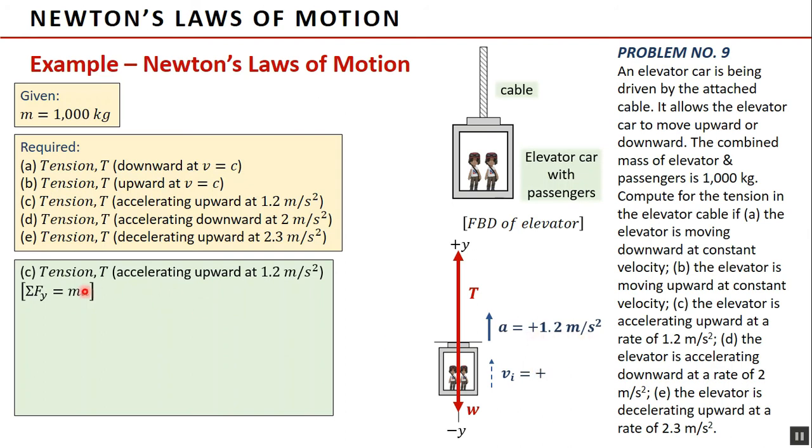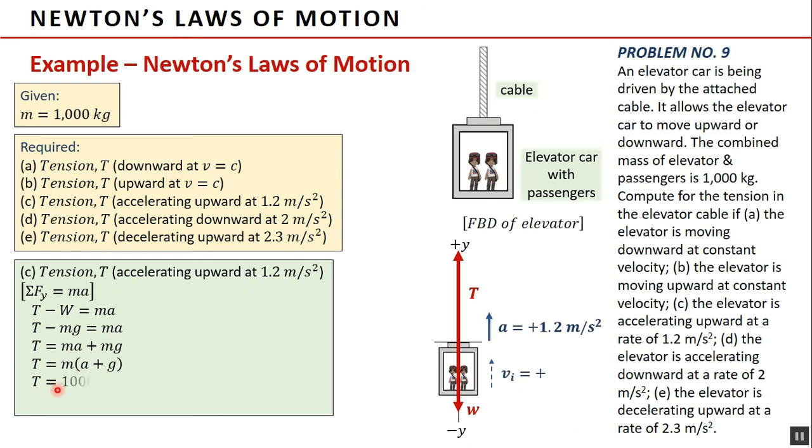Now, going back to this, the summation of forces along the y-axis are tension T minus W equals ma. But weight is mg. Then we transpose mg to the other side, so it becomes T equals ma plus mg. We can factor out mass m, so tension equals m times the quantity a plus g.